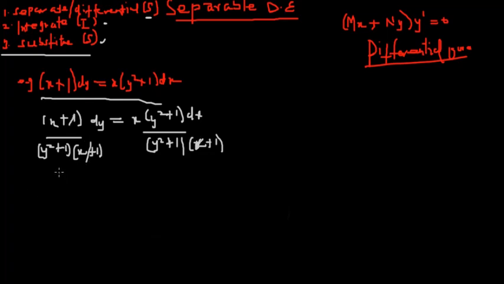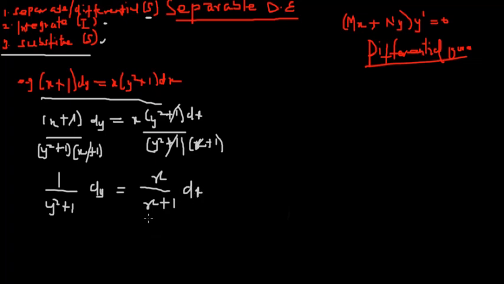So you have 1 on y squared plus 1, dy, and then this will be equal to, this will cancel that, so you have x on x plus 1, dx.